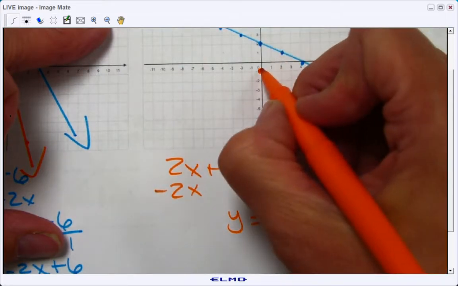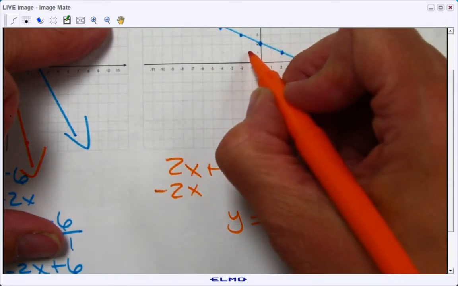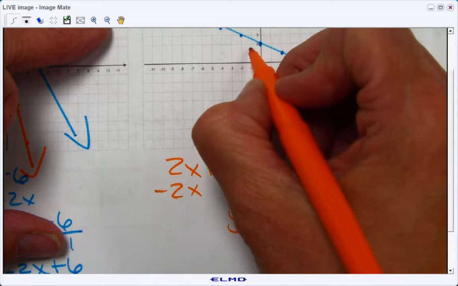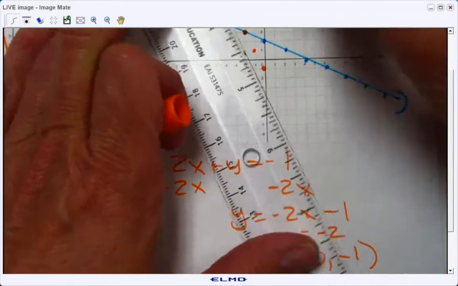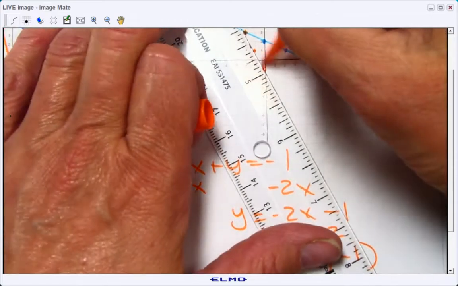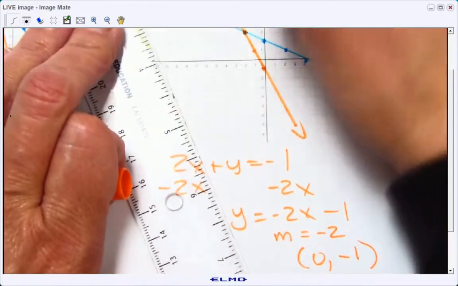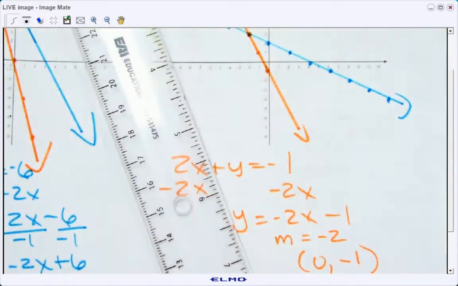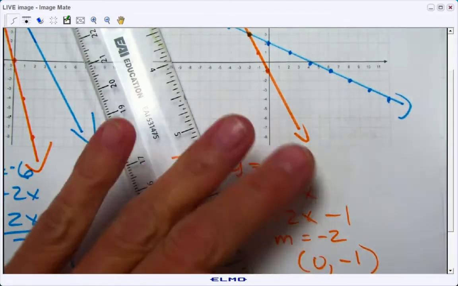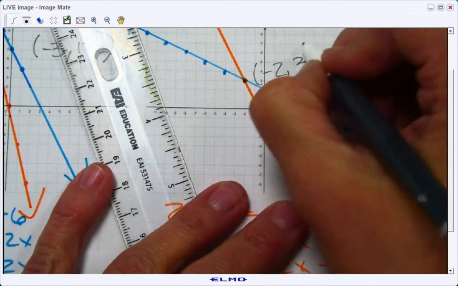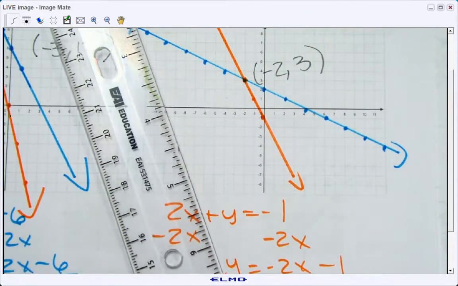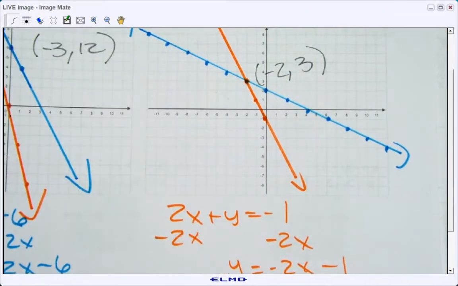And I'm going to go down 2 and over 1, down 2, over 1. Look, those run into each other. That was a good graph. So there I have that. Where do they run into each other? It looks like negative 2, 3 is where they run into each other. Awesome. So now I'm going to go to the next page.